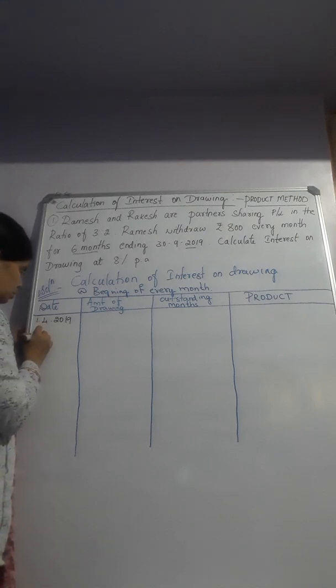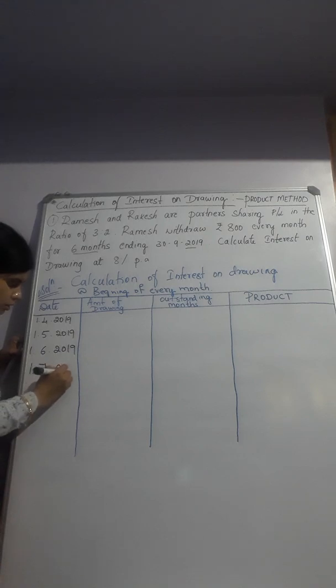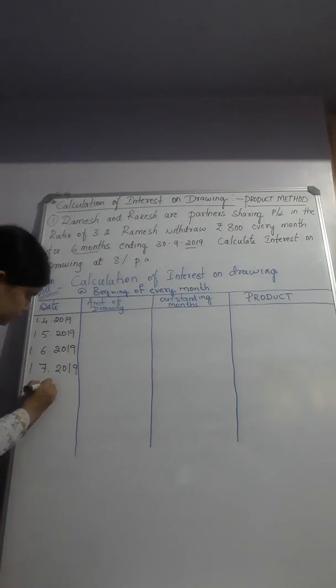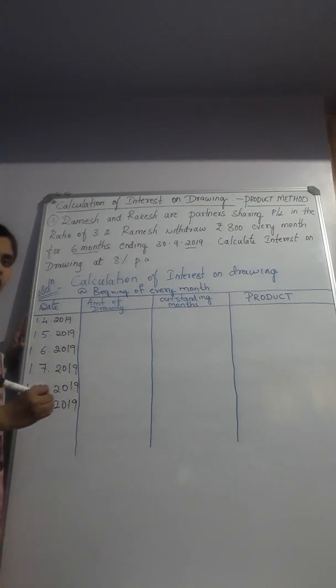Next 1/5/2019, 1/6/2019, 1/7/2019, 1/8/2019, 1/9/2019. At the beginning of every month, it is assumed that if it is not given in the problem, beginning, middle or end, it is assumed to be the beginning of every month.